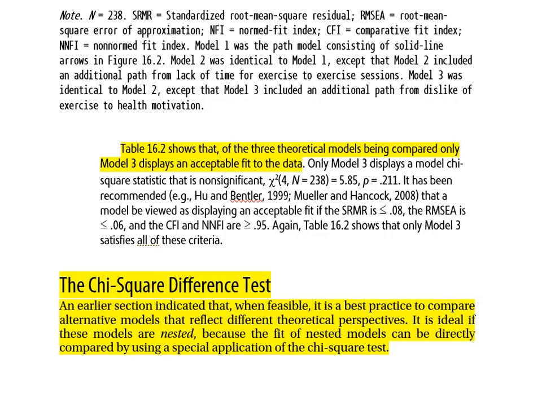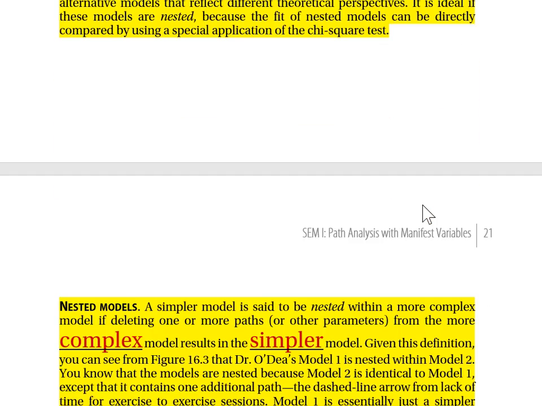It's ideal if these models are nested, because the fit of nested models can be directly compared by using a special application of the chi-square test, the same chi-square test that you learned about in elementary statistics. We'll use that for comparing different models in path analysis.